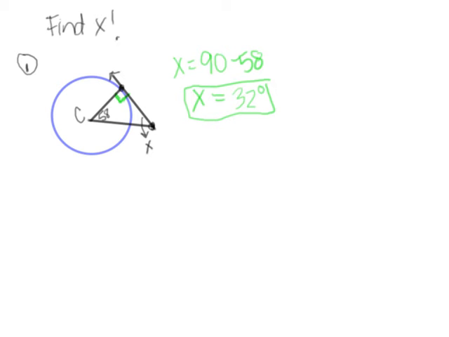Let's take a second example. Example number 2. Let's say we have a circle in this example. And this time, instead of finding angle measurements, we're going to have to actually find some segment lengths.